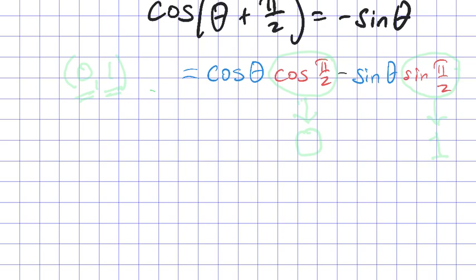Okay, so I think if you understand that, you can finish the last couple steps here, because anything times 0 is what? Yes. And then we're left with just minus the sine of theta times 1. And so we will have basically proven our point that it equals negative sine theta.